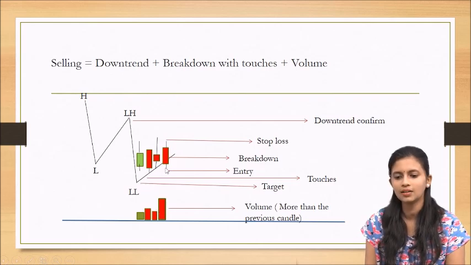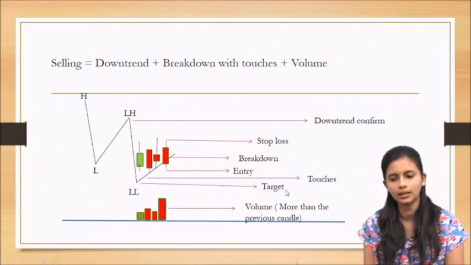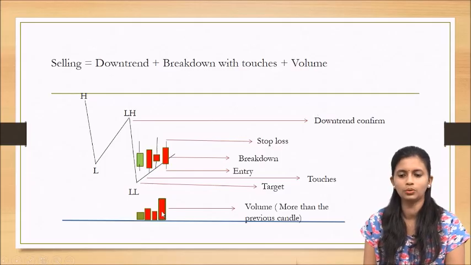Then your entry will be just below the low of this candle, your stop loss will be just above the high of this candle, and the target will be the previous swing low. Just keep a buffer of 0.2 and keep the target. So this is the setup for selling, or the bearish trend.